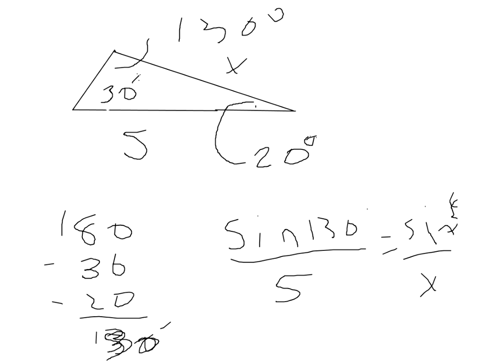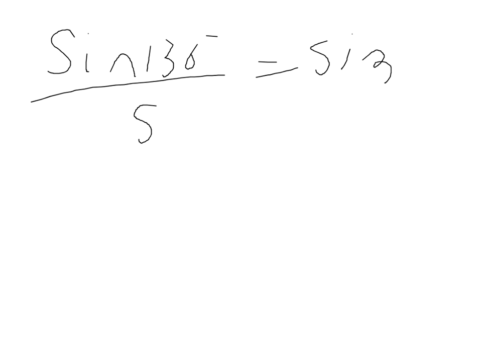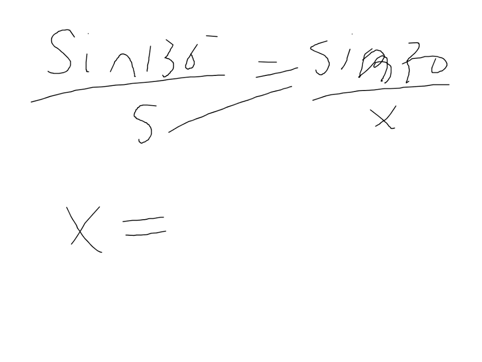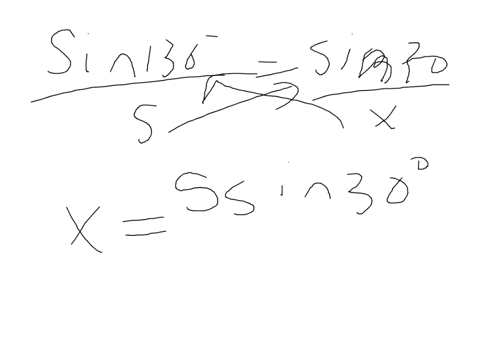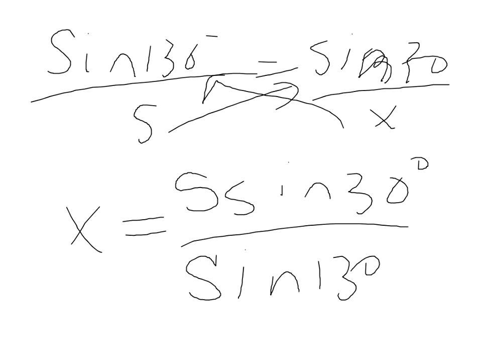Solving for x, the x comes up, and the 5 comes up, and then the sine 130 goes down. And so x is 3.26.